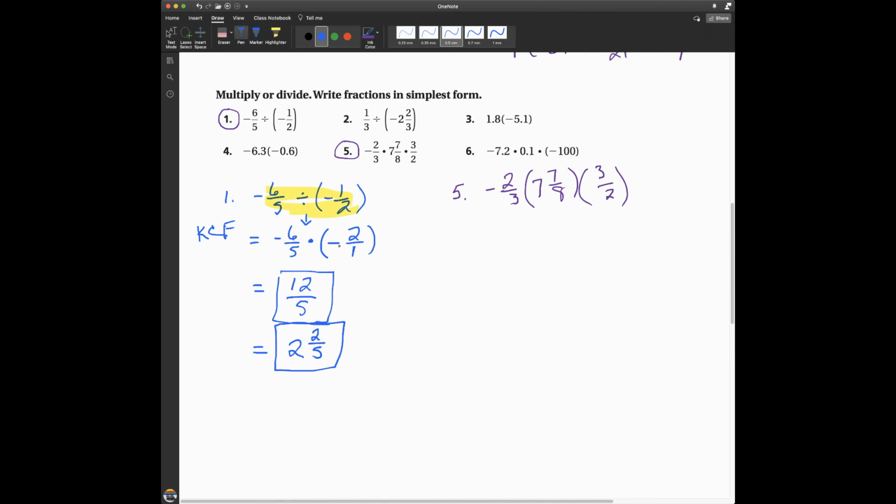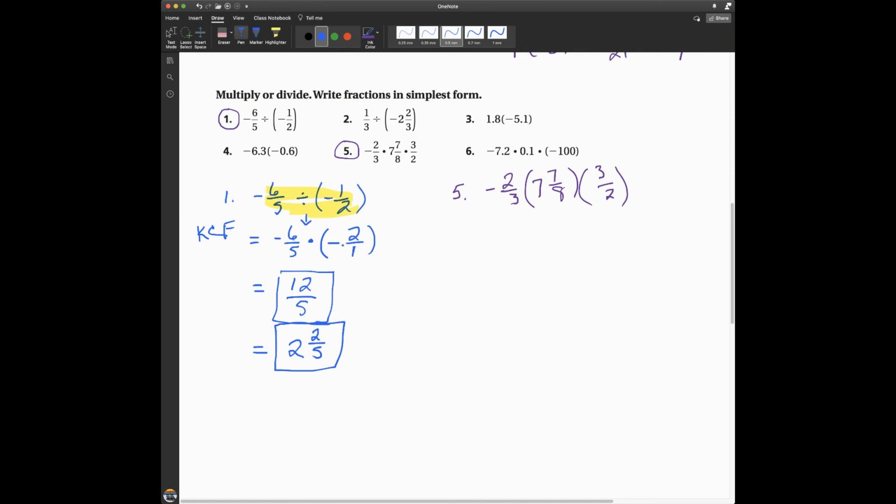So the reciprocal is -2/1. It'll still be negative. All I do is take the fraction part and I flip it. And now I can go ahead and multiply numerators and denominators.